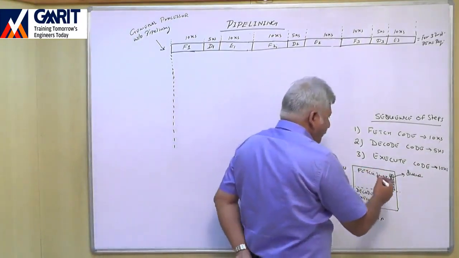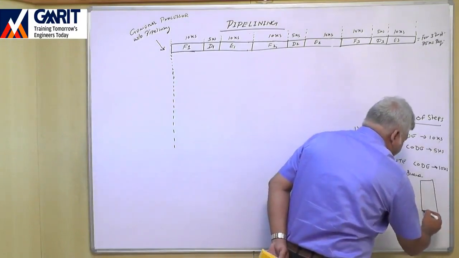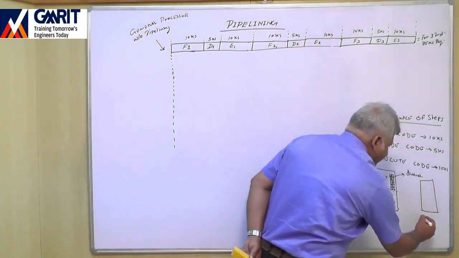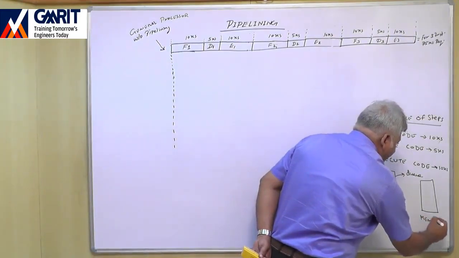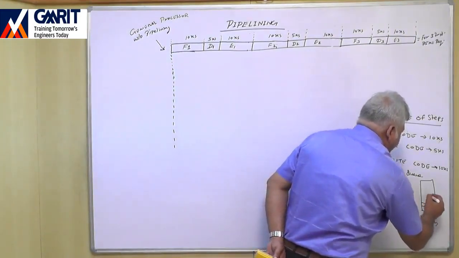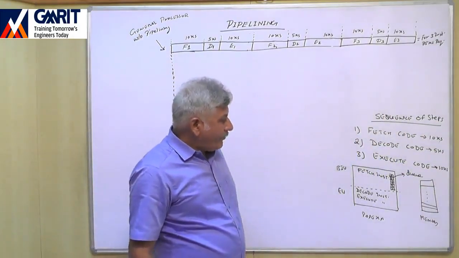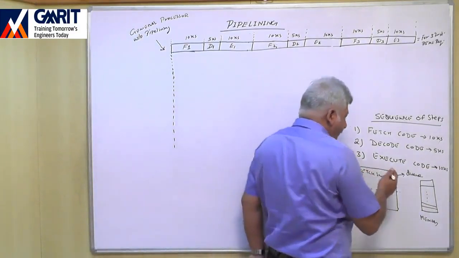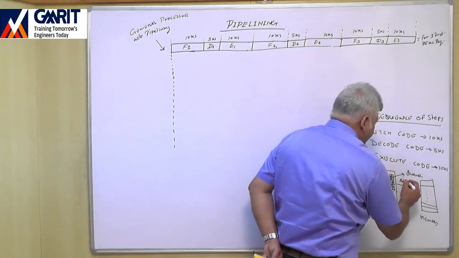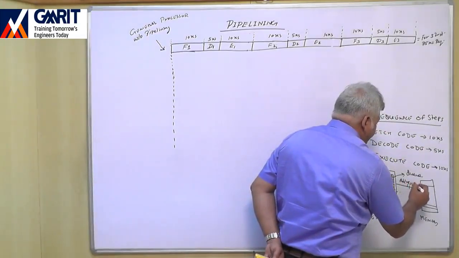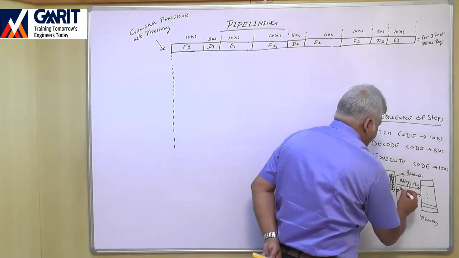This processor is connected to external memory, so this is our memory. In this memory our program code is stored, and the memory is interfaced with the bus interface unit by an address bus and by a data bus.